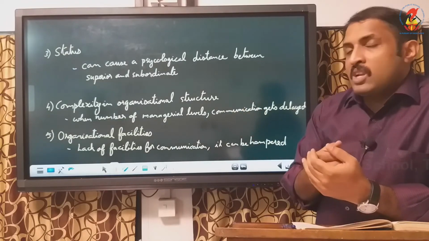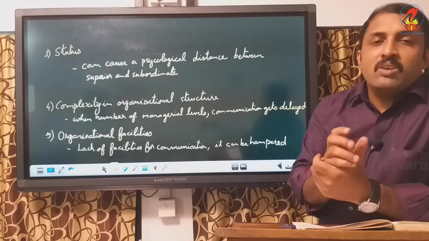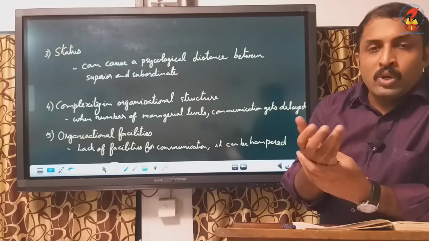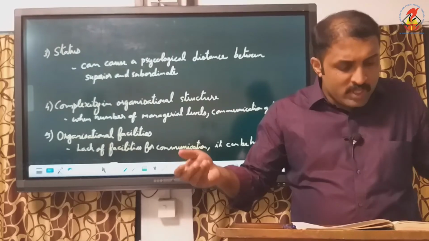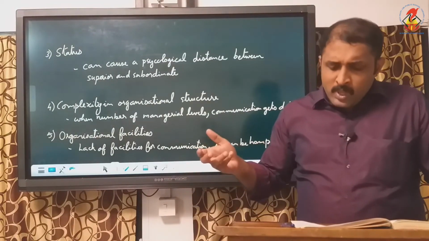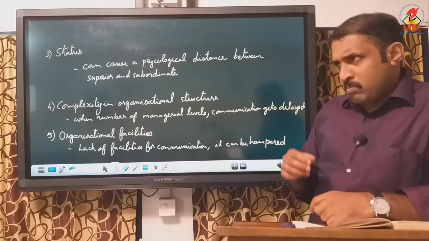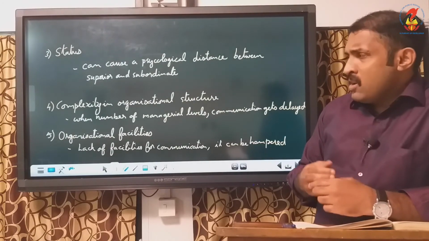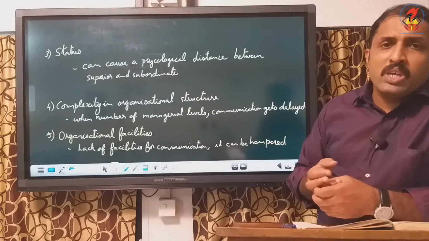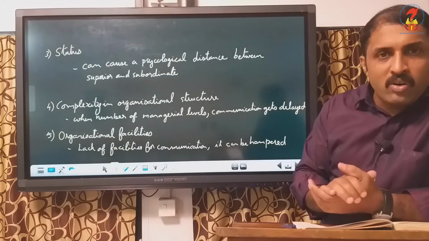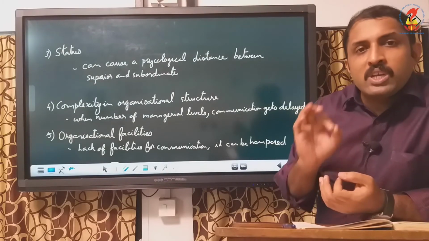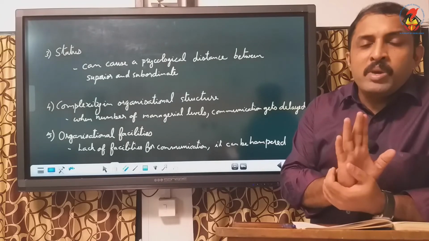Again, organizational facilities. What all facilities are there in the organization to make better communication, whether there is a complaint box or a suggestion box, meetings. All these things are organizational facilities where communication is facilitated. If such facilities are not there, again communication within an organization will be hindered.